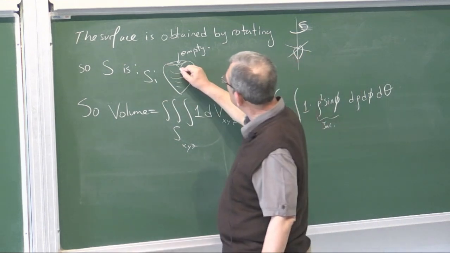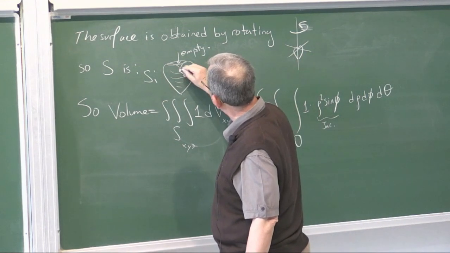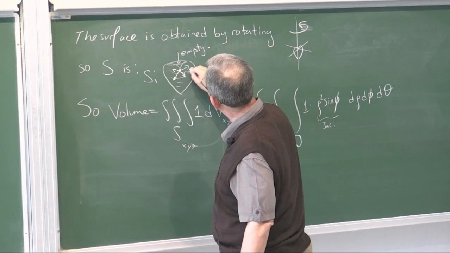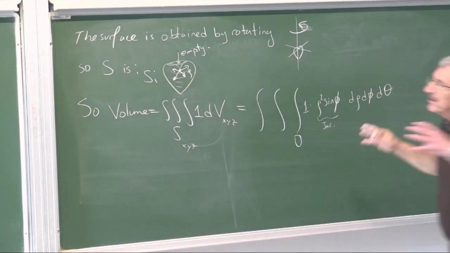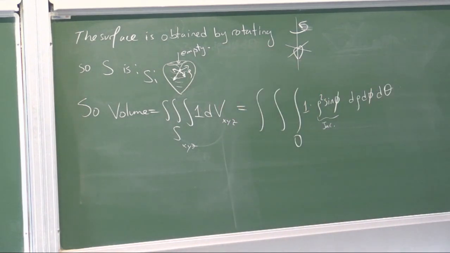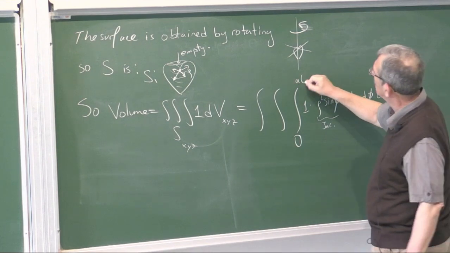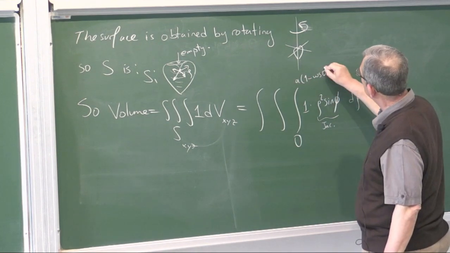We start from the origin, we move in all directions. That's the rho direction. We hit the cardioid, but the cardioid is a(1 - cosine phi).